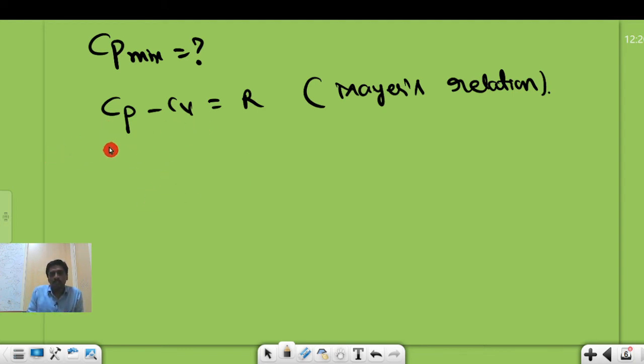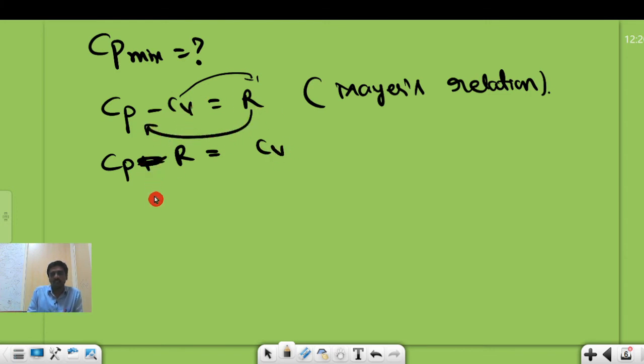So with the help of this, sending CV this side and R that side, that is CP minus R is equal to CV. I am just sending R this side and CV that side.